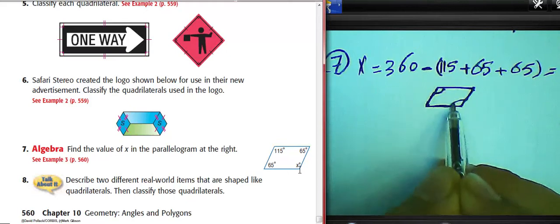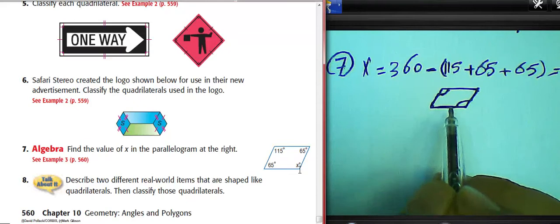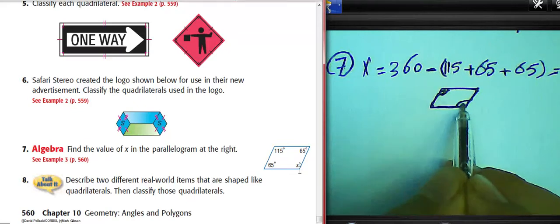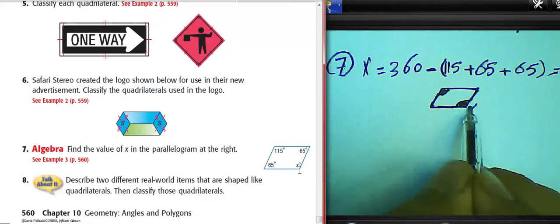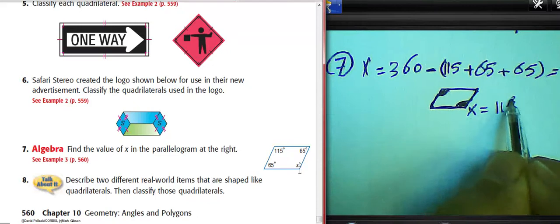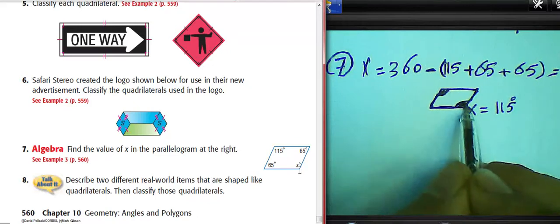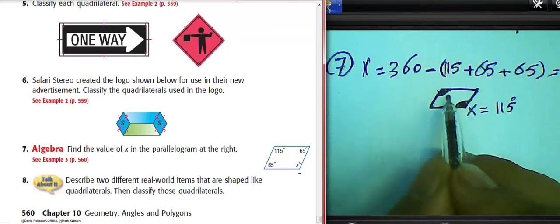So the measure of two angles are equal. Each opposite angle are equal in measure. Then x will be what? 115. The measure of this angle equals 115, equal to the opposite angle of it.